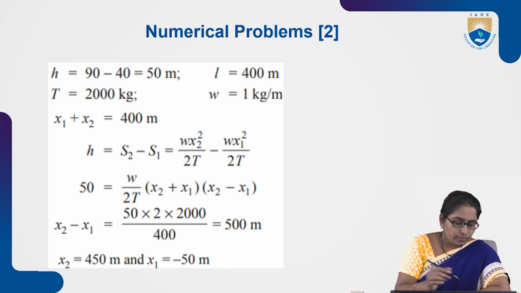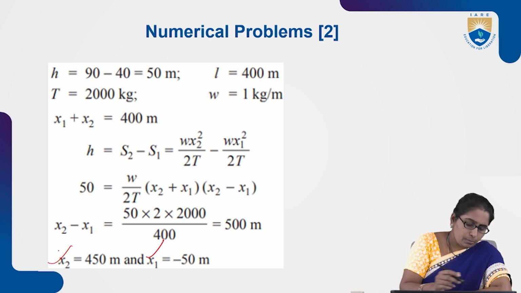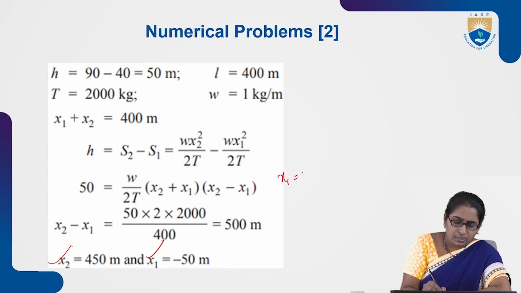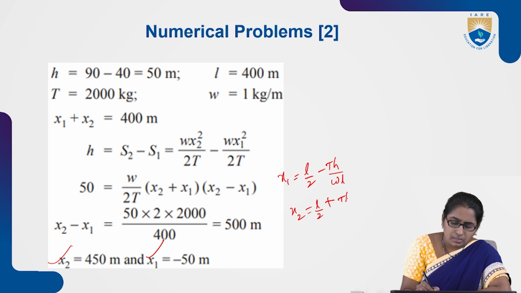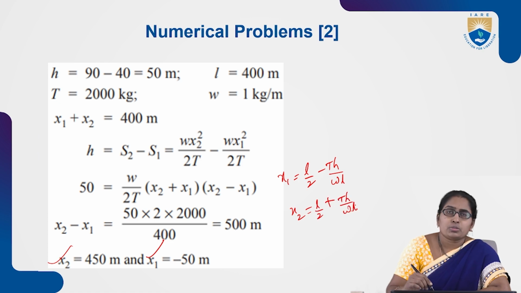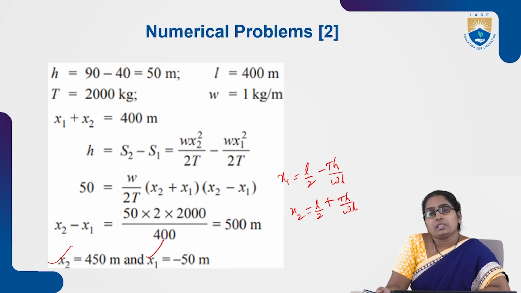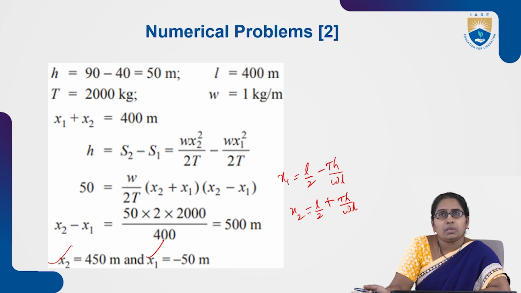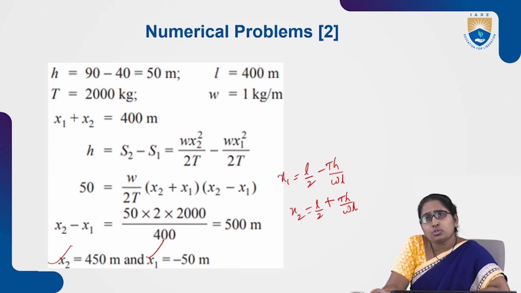Using the same expressions, x1 is L by 2 minus TH by WL, and x2 is L by 2 plus TH by WL. So x1 is obtained as a negative value, minus 50, and x2 is 450 meters.